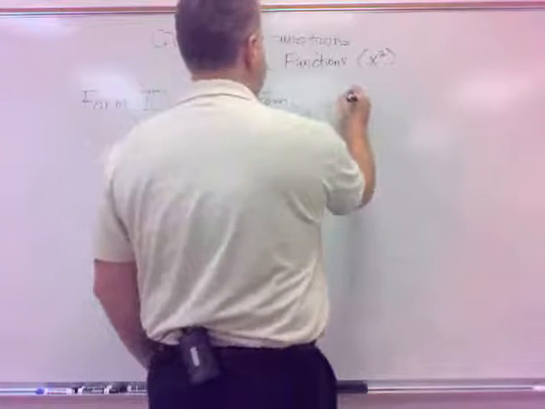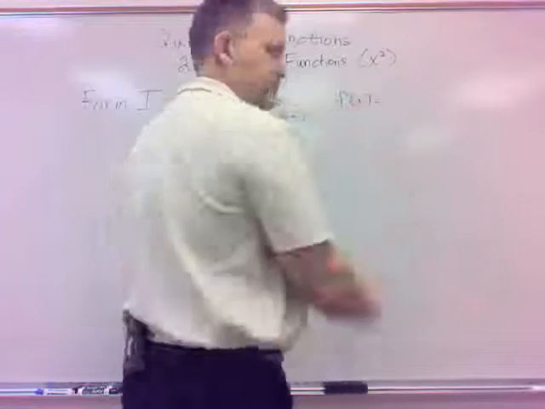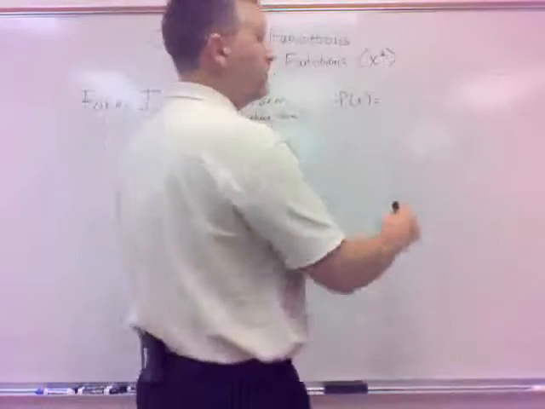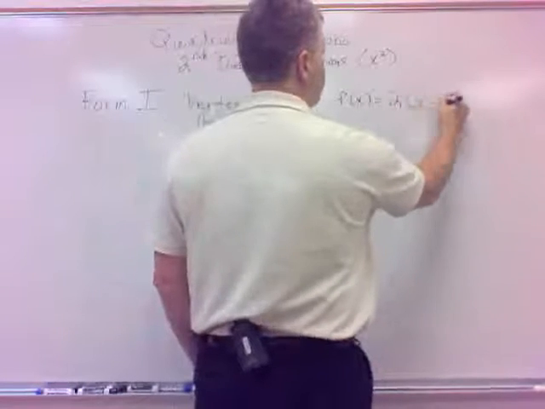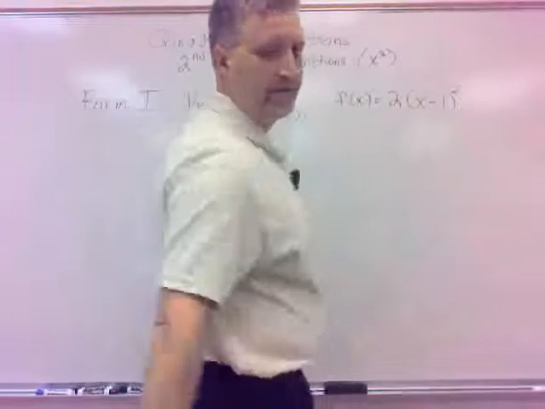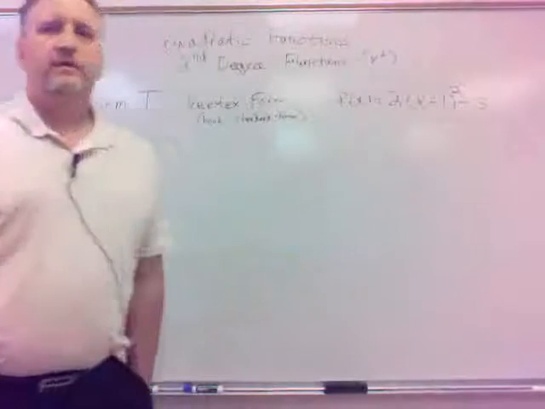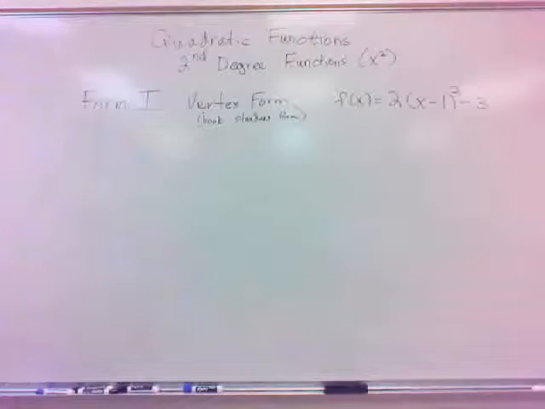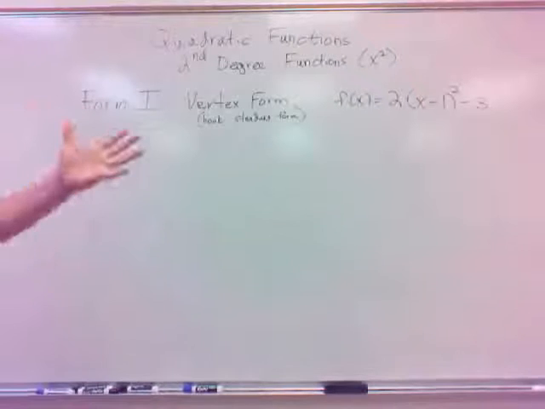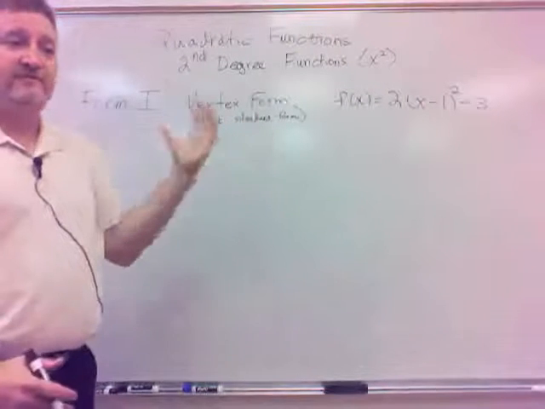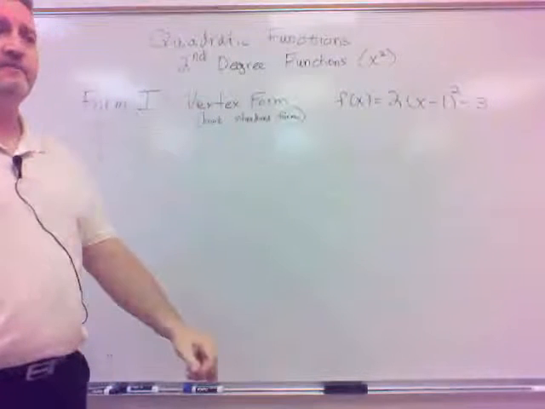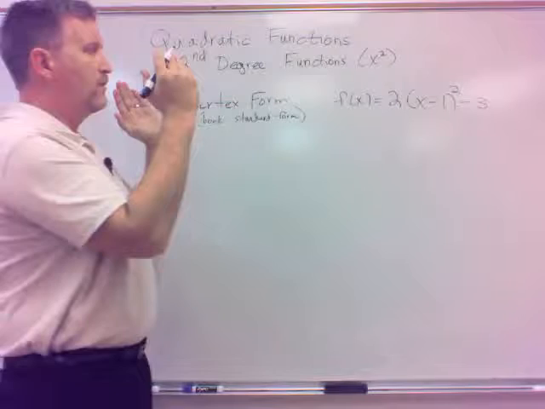But here's one look at one in particular example of vertex form. f of x equals 2 times x minus 1 squared minus 3. I start with this one because we know some things about this one, don't we? What do we know about this?